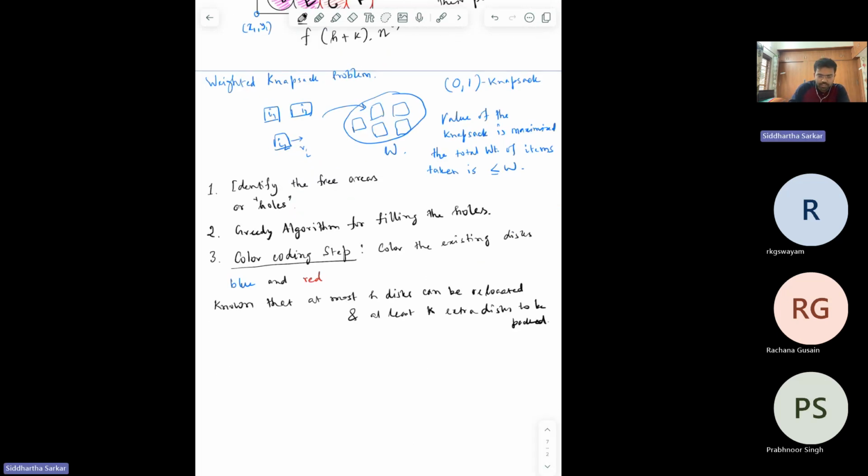So what they do in the knapsack problem is that the weight of the knapsack becomes the weight of a hole. The weight of a hole is the number of existing disks that need to be relocated in the hole.